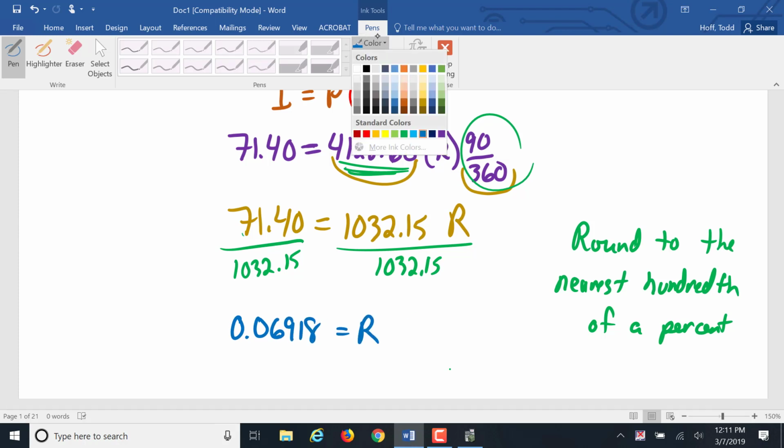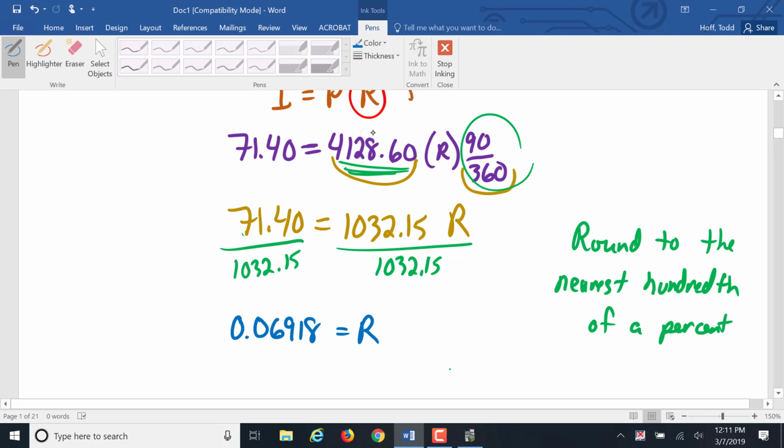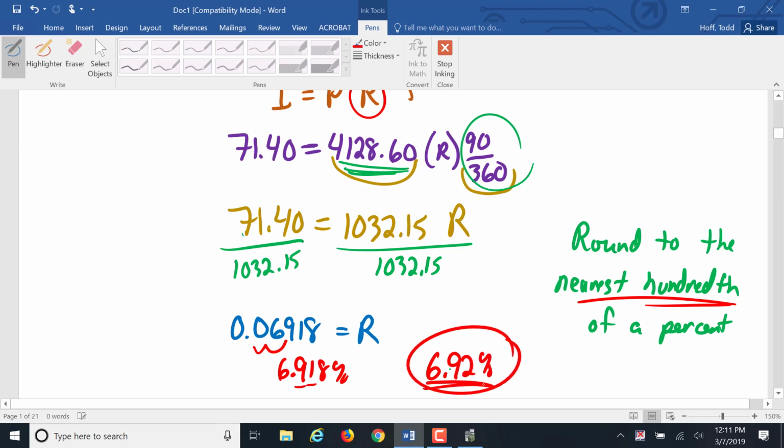That's our rate. So now we move the decimal point to make it a percent. 6.918%, rounded to the nearest hundredth, would be 6.92%. That is the effective rate.